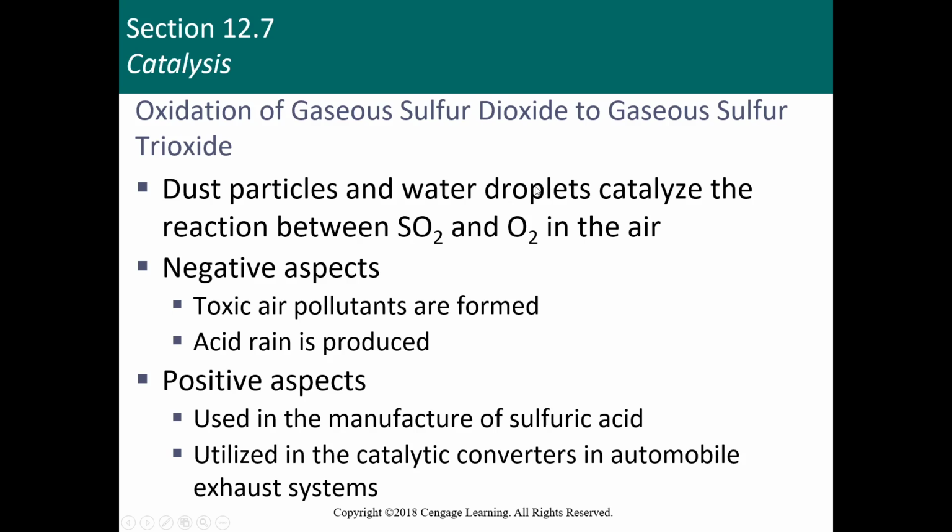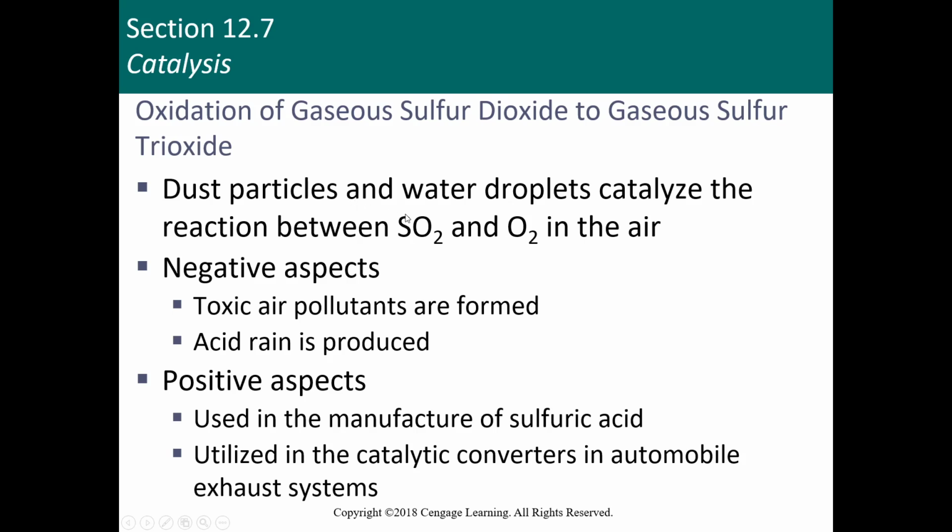And what it is: dust particles and water droplets in the air will adsorb SO2 particles and O2 particles. The SO2 is typically given off by improperly functioning coal plants. The majority of the SO2 in the atmosphere right now is being given off by China and Russia, though China has been getting much better in the last 5 years or so. But they are still the majority of the SO2 in the atmosphere.